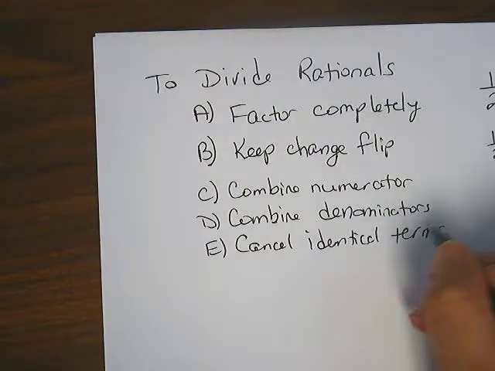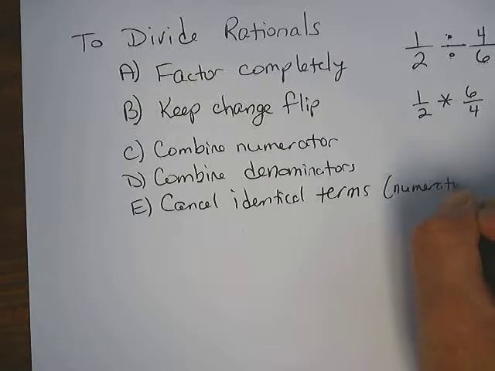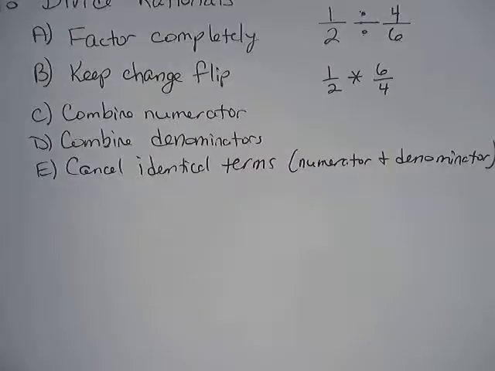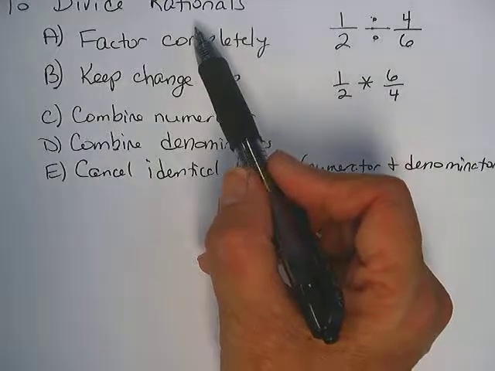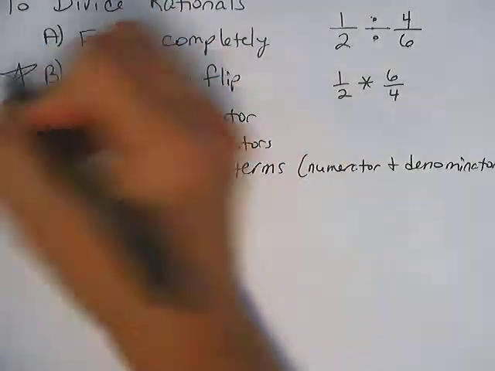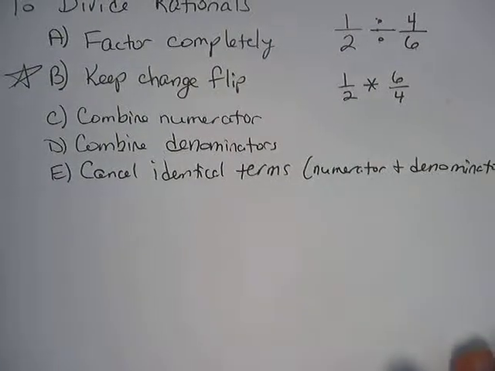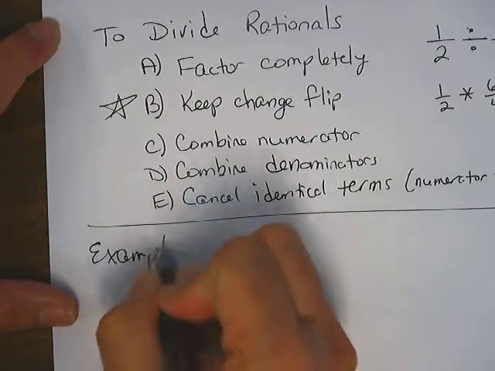And again, we have to cancel 1 from the numerator and 1 from the denominator. So notice that when we divide rationals, it's exactly the same as multiplying, except for step B, where we have to take the reciprocal of the second term, second fraction. Okay, so let's get some examples so we can see how this works.